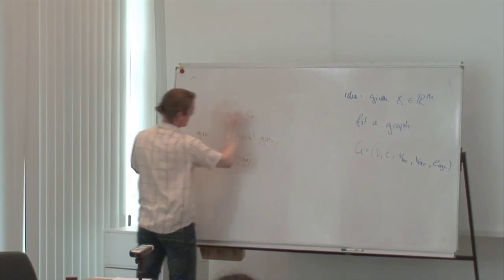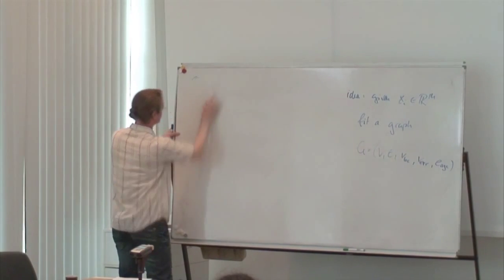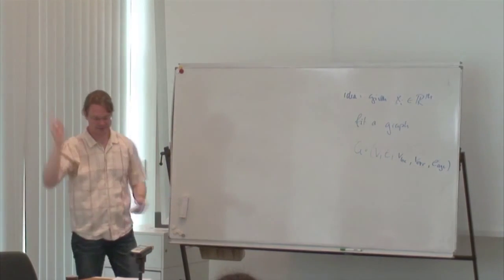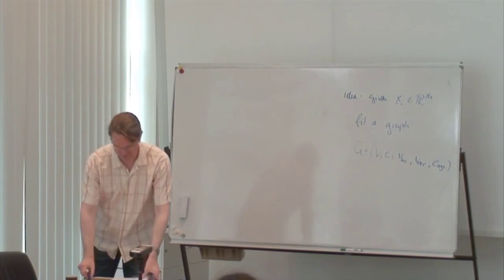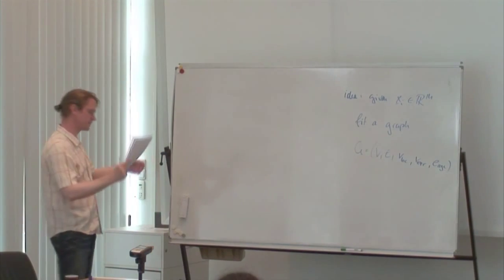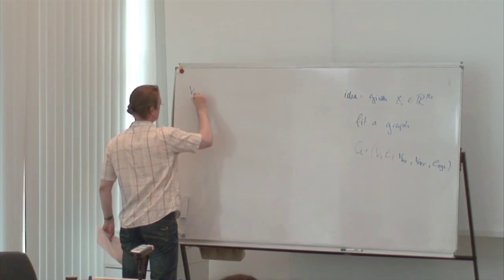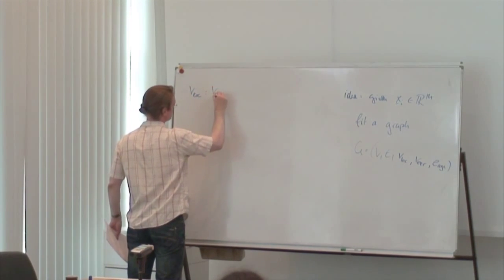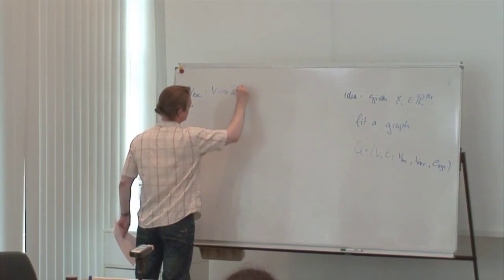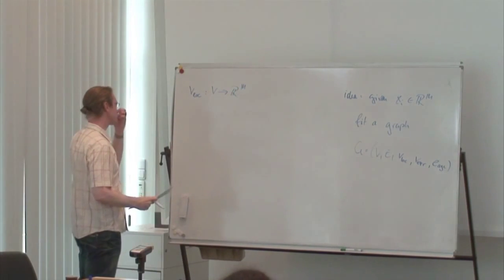And again, we have to look at the algorithm and then we know what it does. This is difficult to derive theoretically, you have to jump into it. So this function vLocation maps vertices to m-dimensional vectors.